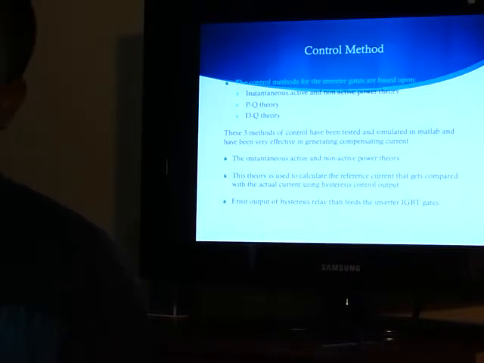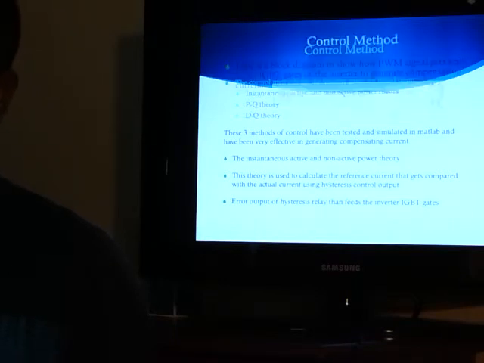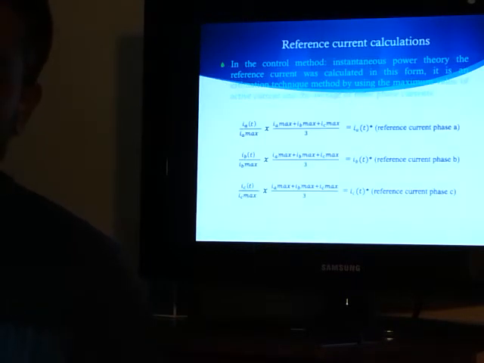There are several control methods used to control the switching of those gates, and the control method used in this thesis is the instantaneous active and non-active power theory. In this theory, we calculate the reference current, and these reference currents are given by these formulas.